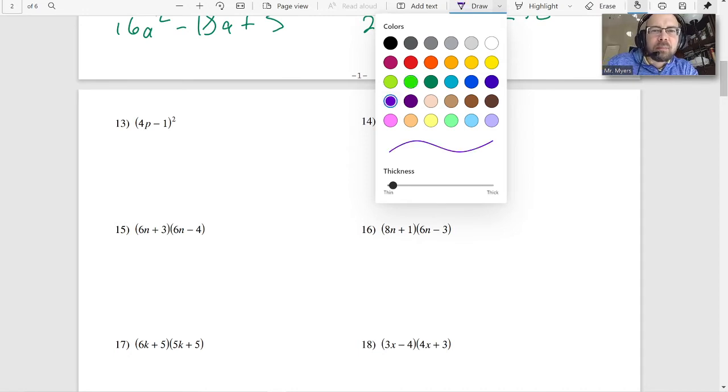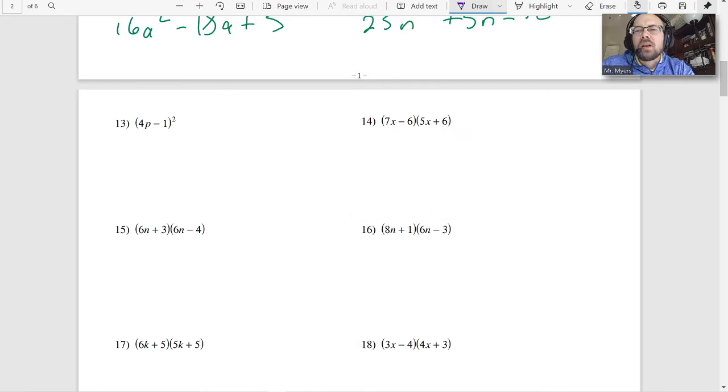Let's do a nice purple. So 13 is a little bit different from the others, but notice it's surrounded by a sea of 2 things times 2 things. Or the fancier way to say it would be binomial multiplication, because binomial means 2 terms. So this is actually the same thing.